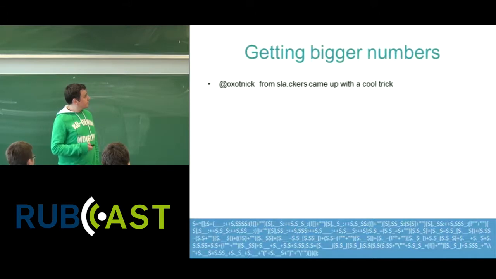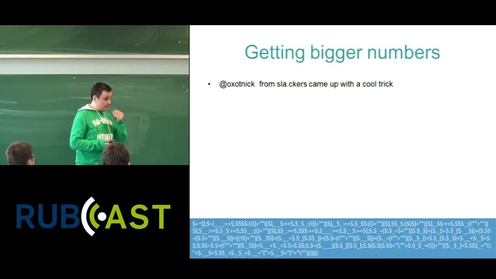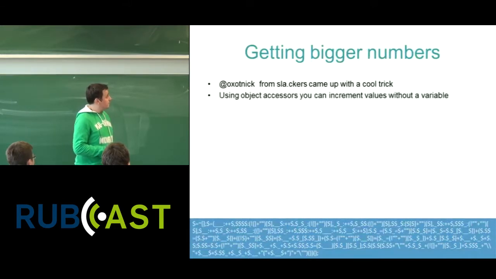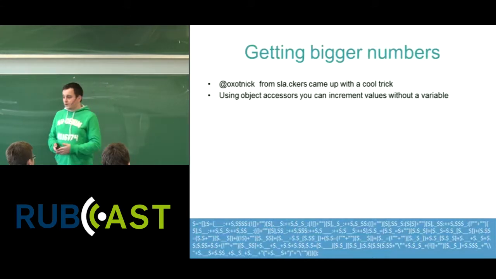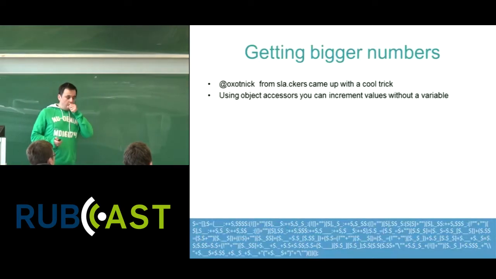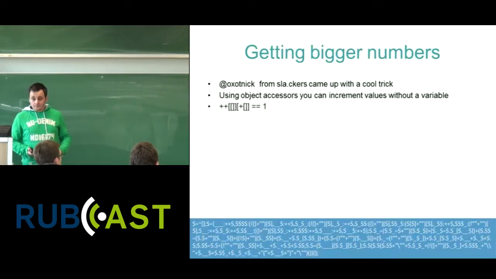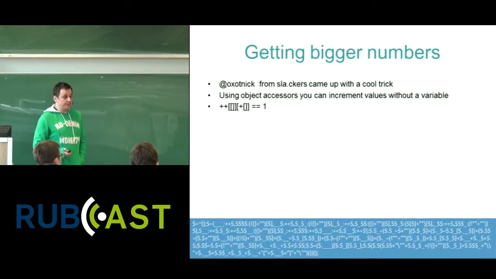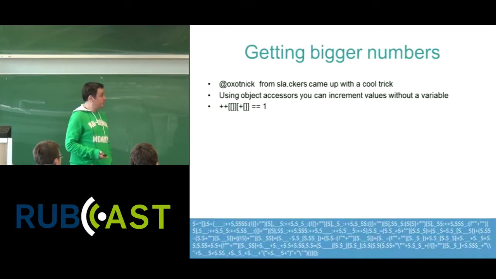So if we want to get bigger numbers, how can we do that? Using object accessors, you can increment the values without a variable. This is quite a cool technique. So normally in JavaScript, you need a variable to increment or decrement. But a guy from Slackers, or a girl from Slackers, I'm not quite sure, came up with this cool trick.